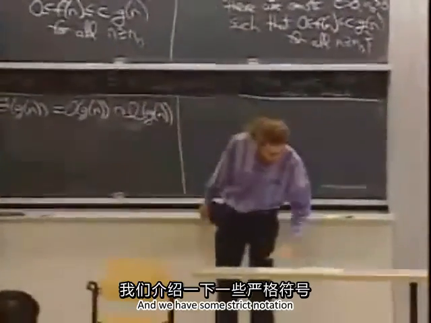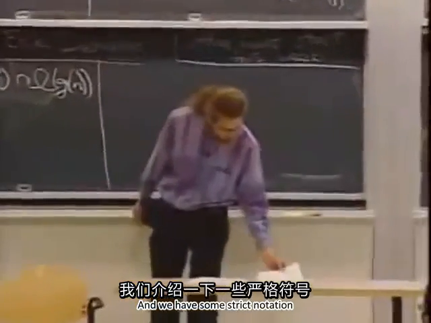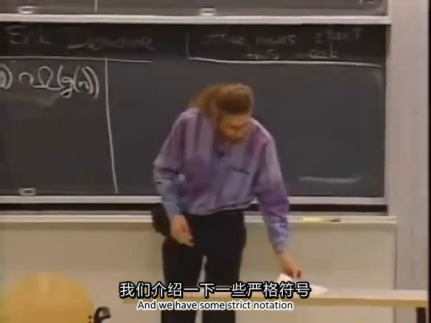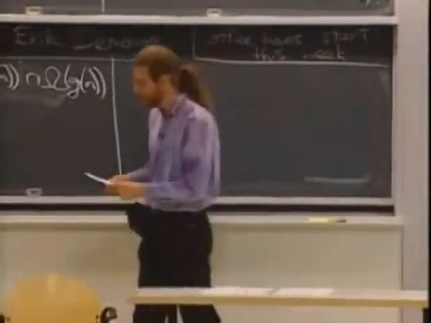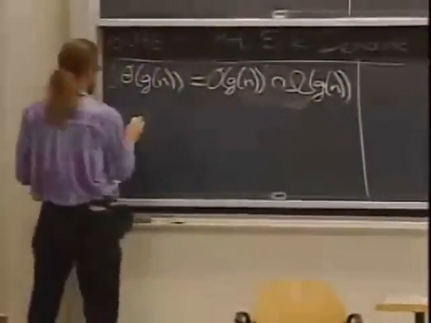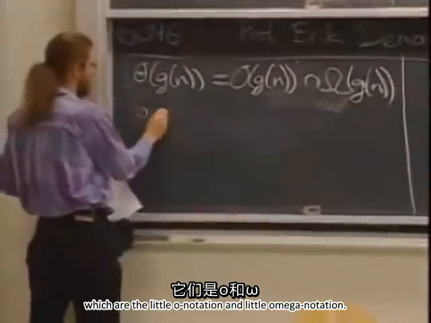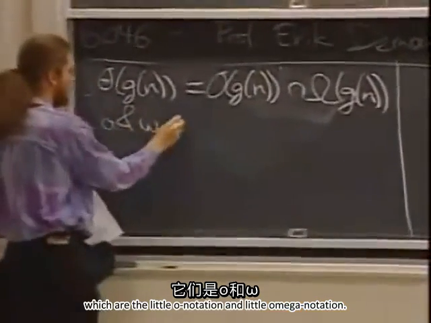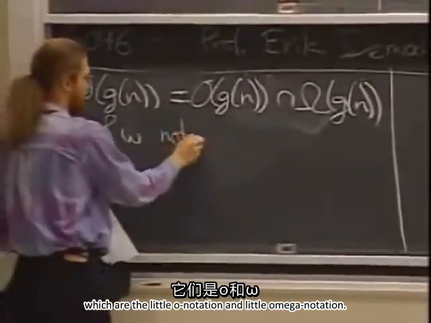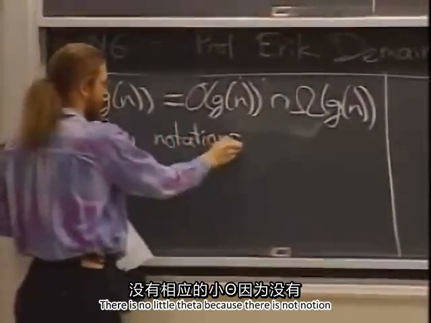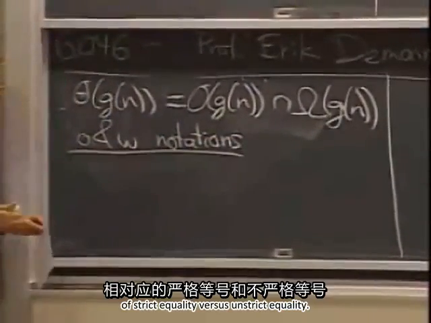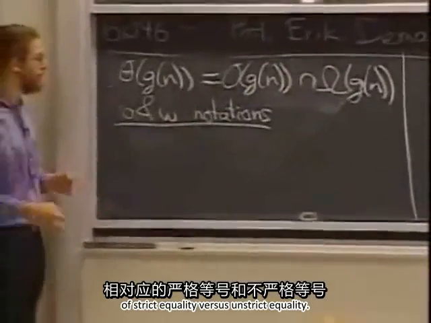Okay, and we have some strict notation, which are the little o and little omega notations. There's no little theta, because there's no notion of strict equality versus unstrict equality.